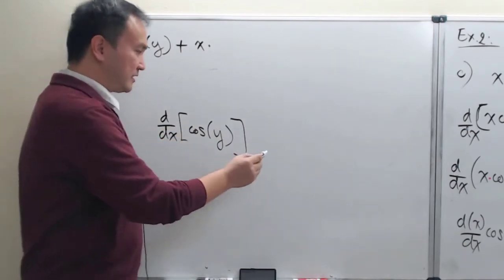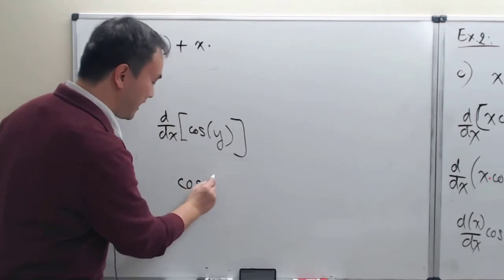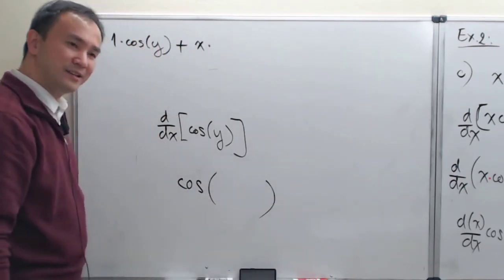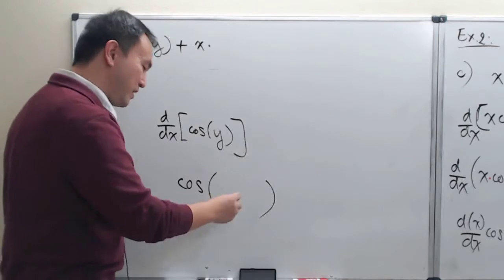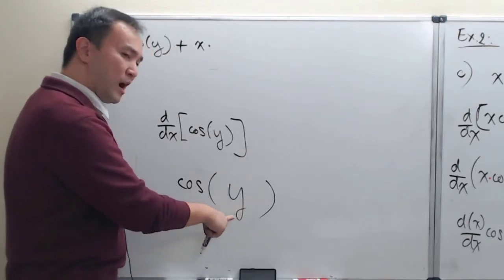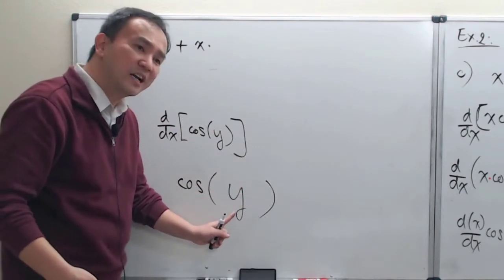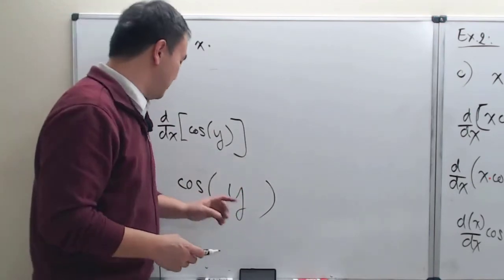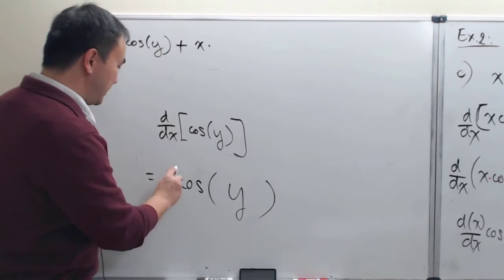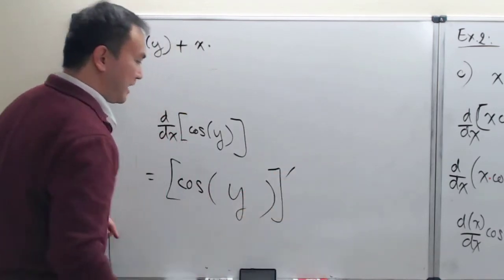That means we have an outer function, the outside function being cosine. And then inside of this cosine, we have a function y, because y represents an entire expression of x inside of it. So taking this derivative means we take the derivative in terms of x of that expression.